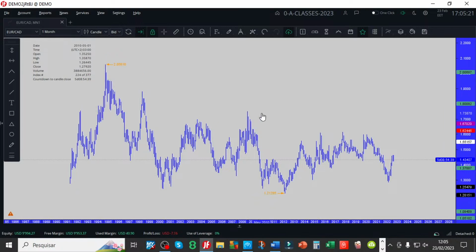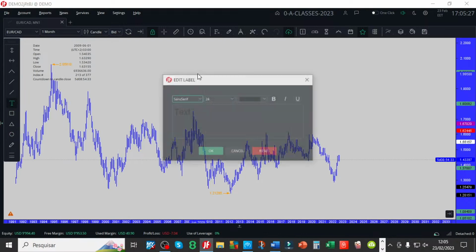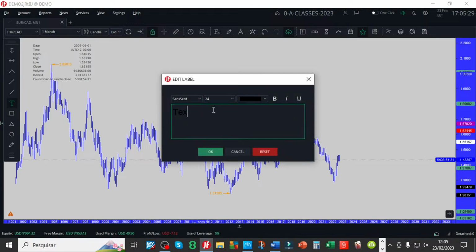Alright, what is support, resistance, pivot points? What are those? Let's write this down. Trading concept, okay.